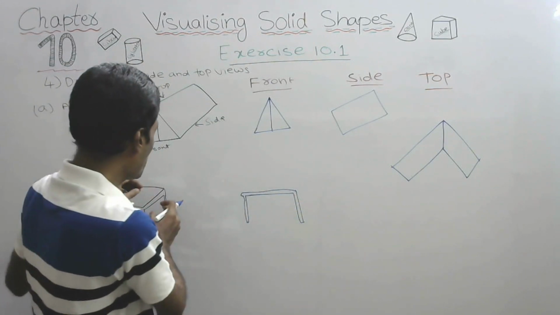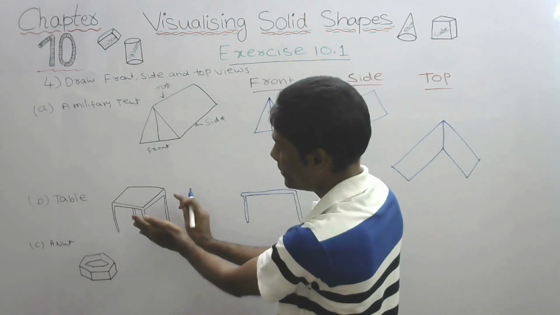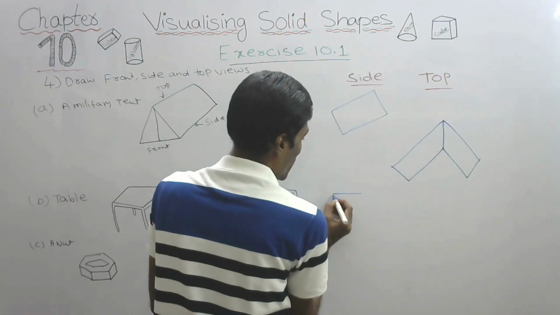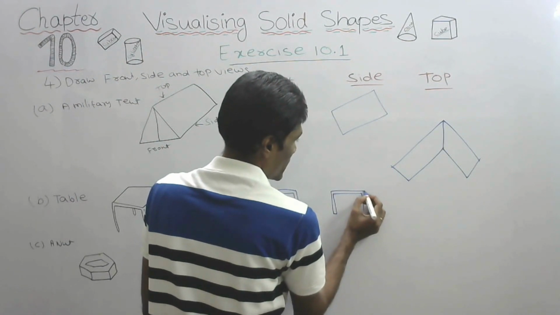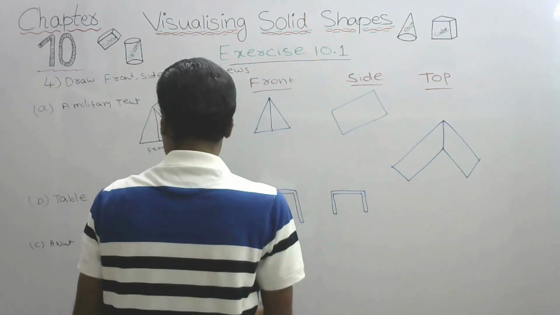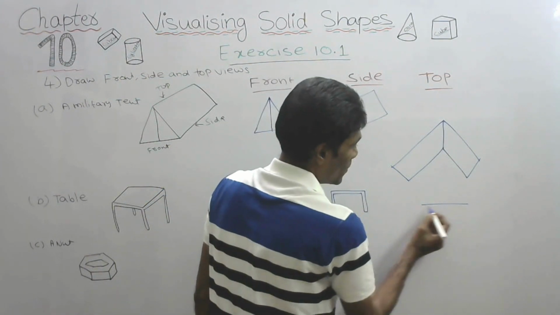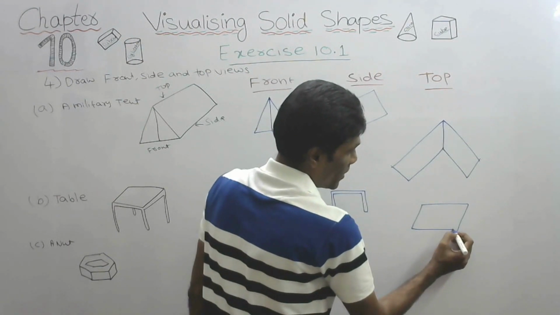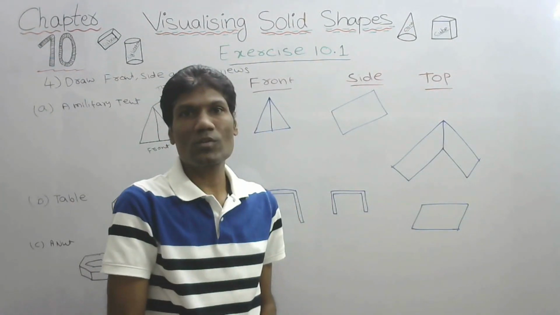When we see from the side, the shape may be same, but this is little bit shorter. So we can see like this. From the top, just like this. Only this part, that is table, the flat surface above that, only that part we are able to see.